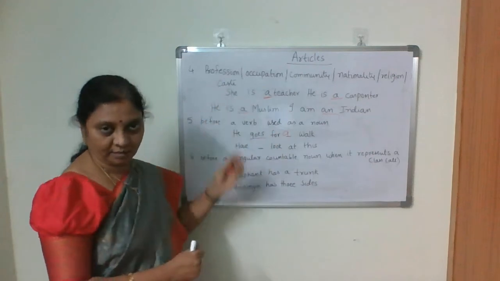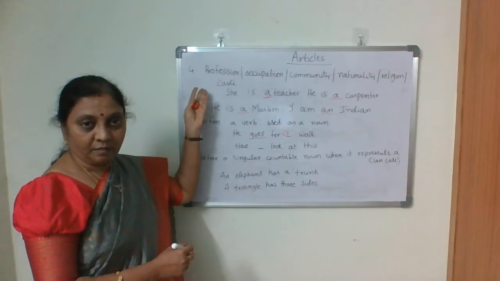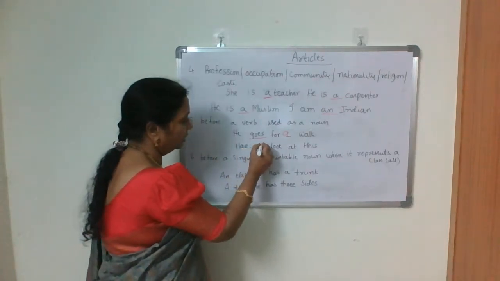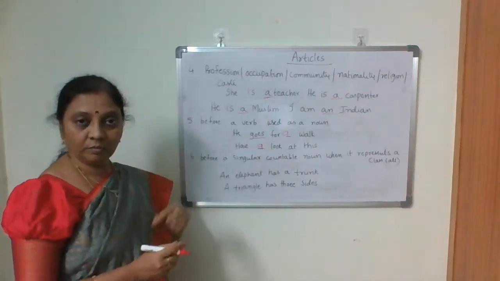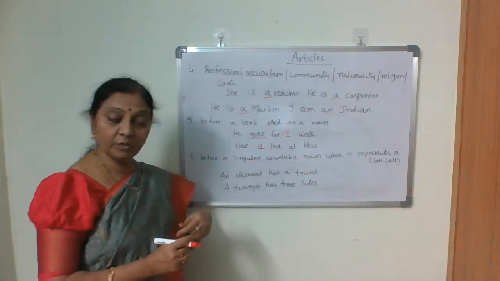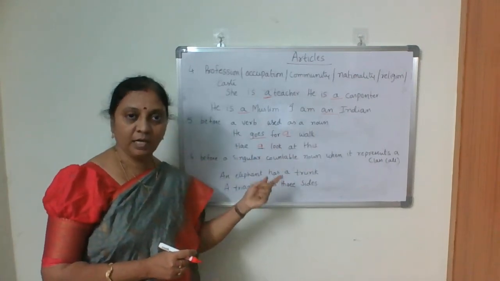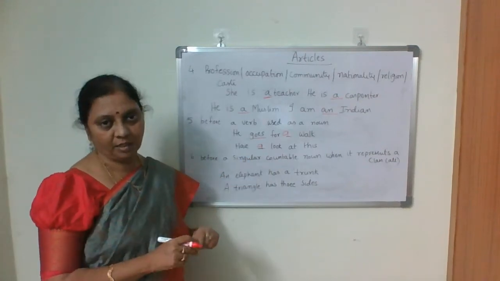Have a look at this. Teachers keep on using this: have a look at the board, have a look at this or at your book. A look. Look is also a verb, but here we are not using it as a verb. We changed it into a noun, and before that we use an article.